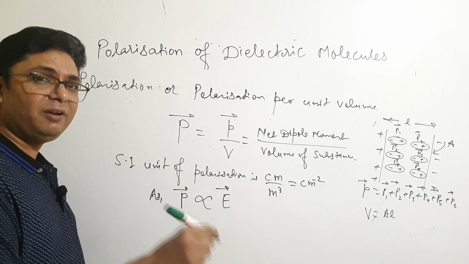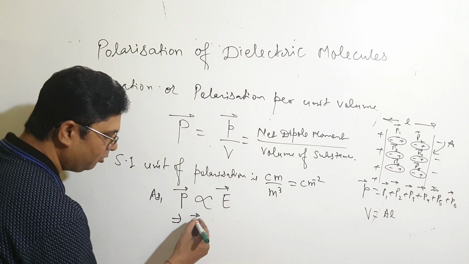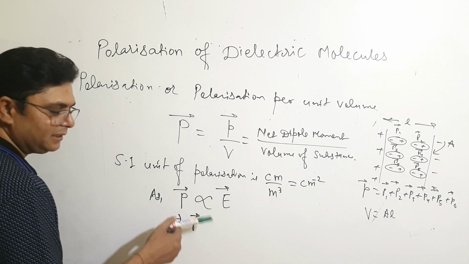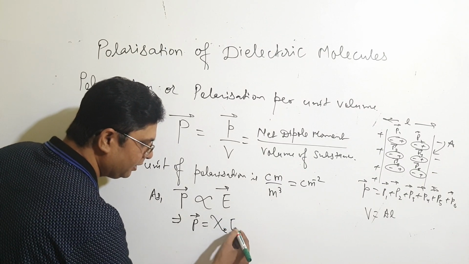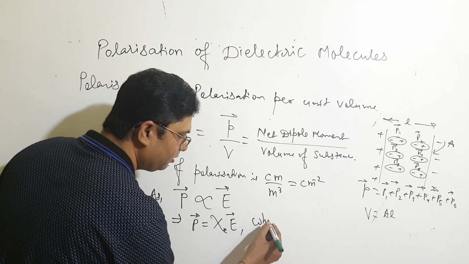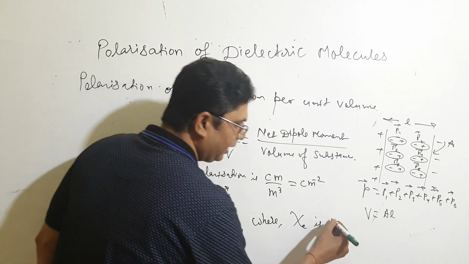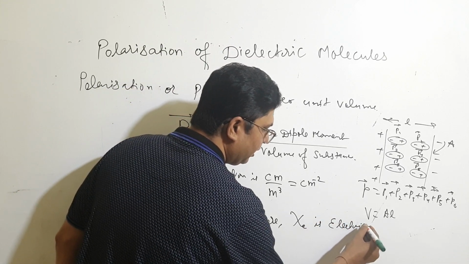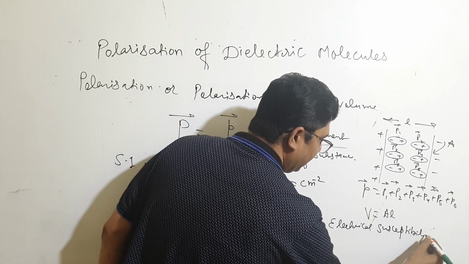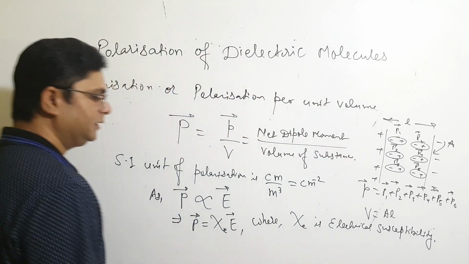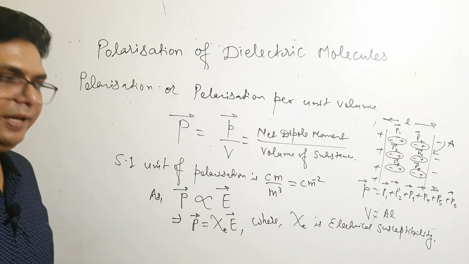If you decrease the electric field, polarization will decrease. So when you remove the proportionality sign, you have to give a constant. This constant is said to be chi e, where chi e is electrical susceptibility. Electrical susceptibility is a constant of proportionality here.